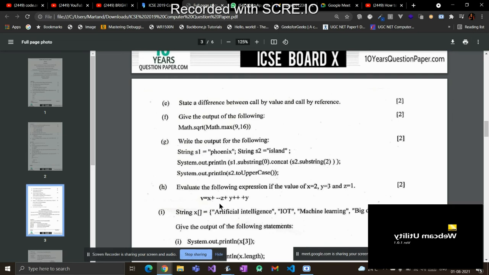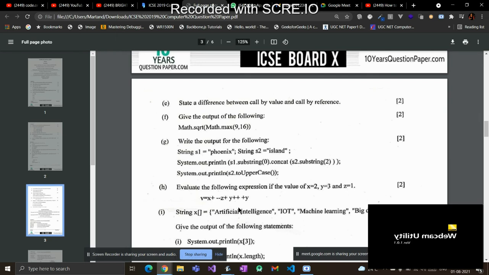Okay, so x, there's nothing with x, that is no minus minus, no plus plus. Therefore, x remains as 2. Then plus, minus minus z means first decremented. Increment and decrement work the same. So I decremented z, so it became zero. So we will use zero over here. Then plus, then it says y plus plus.